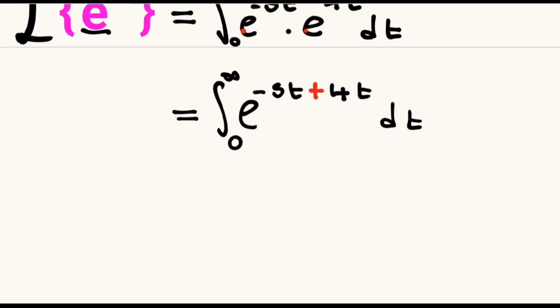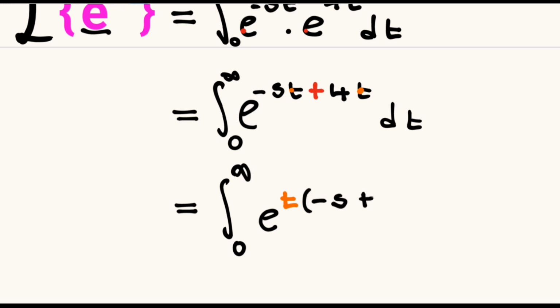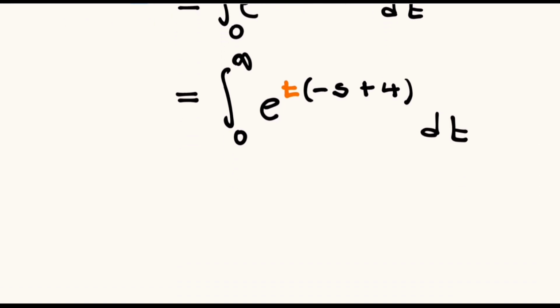And we simplify further, this will be equal to the integral from 0 to infinity of e, and we can see that the t and the t are common, so we can take the t as our common factor. So we have e raised to the power t into negative s plus 4 dt, and from here we are at liberty to integrate.